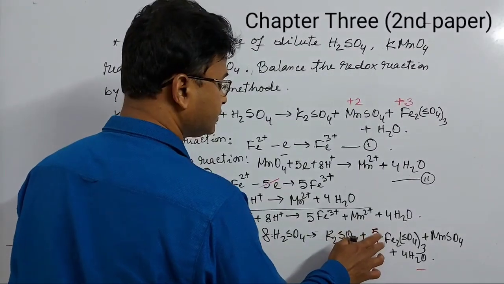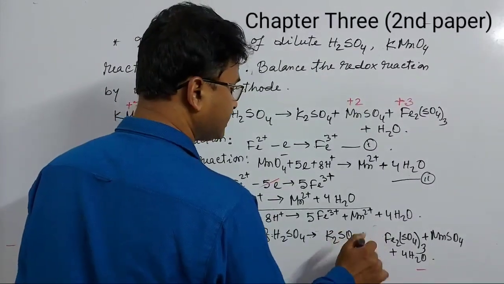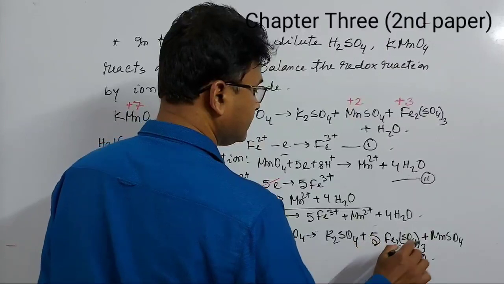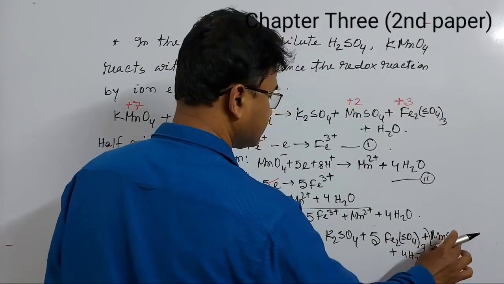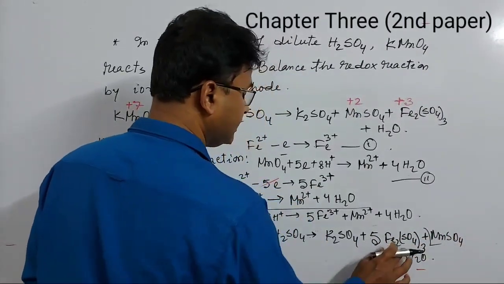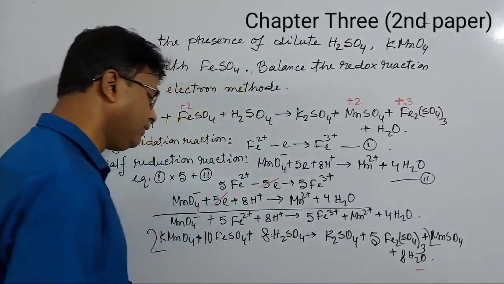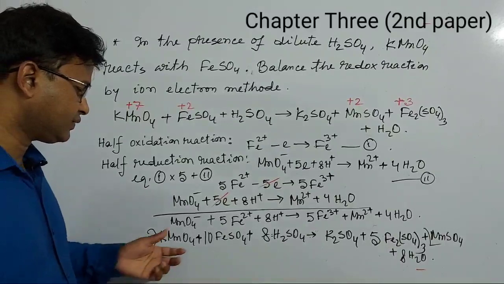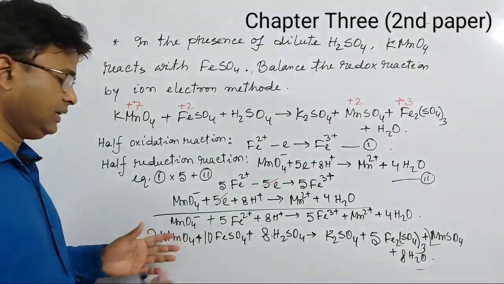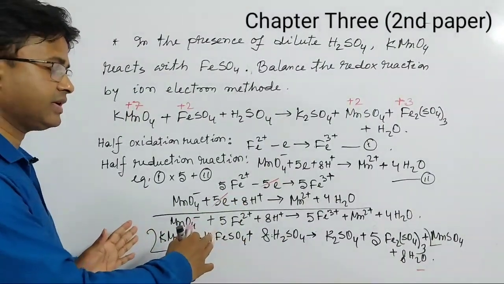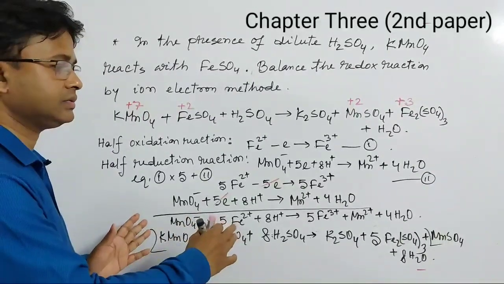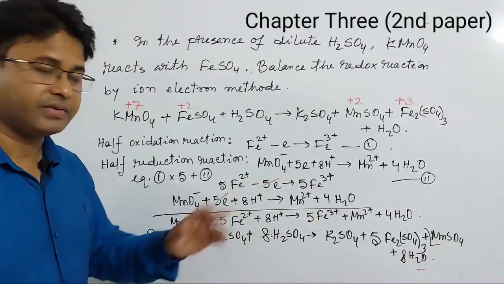Then 5 by 2 into 2 is equal to 5. So I can write here 5 ferric sulfate, 2 manganese sulfate, and 4 into 2, I mean 8 molecules of water. Now if you observe this reaction, you will see that the number of atoms on the left side are equal to the number of atoms on the right side.